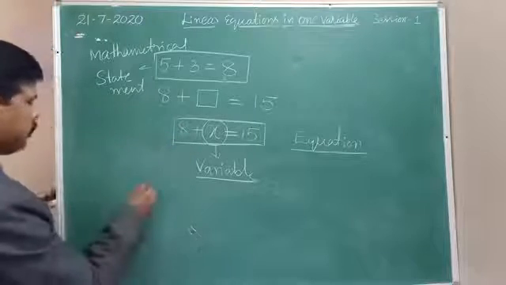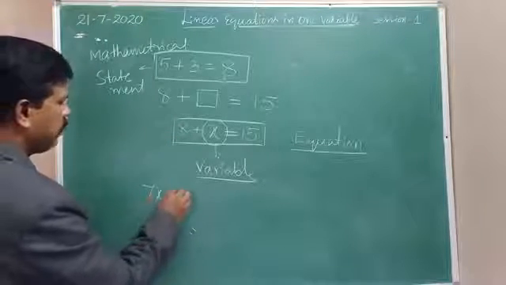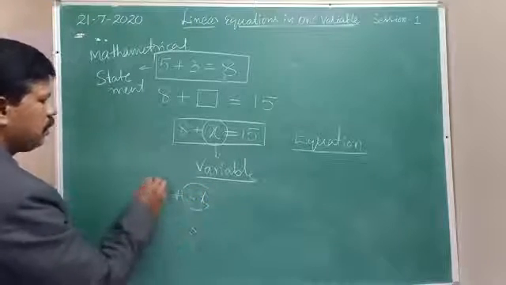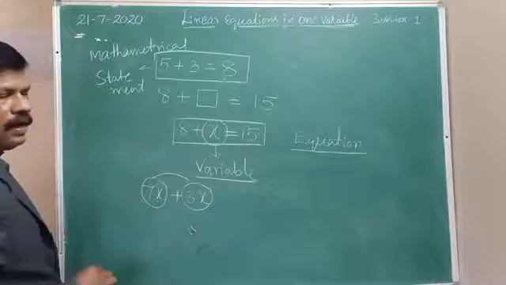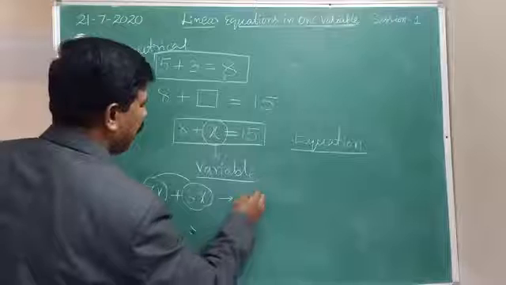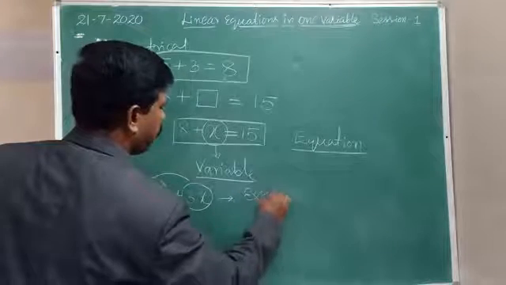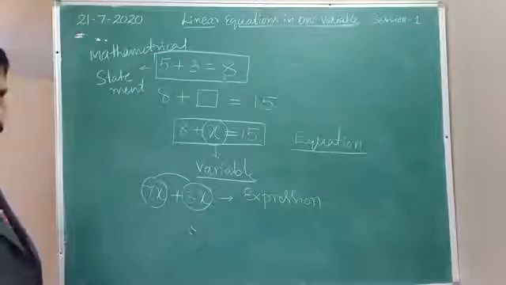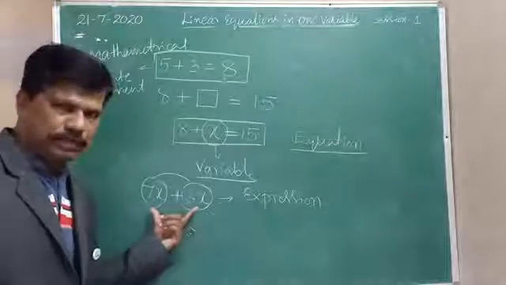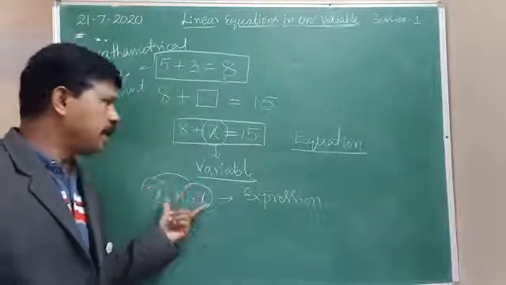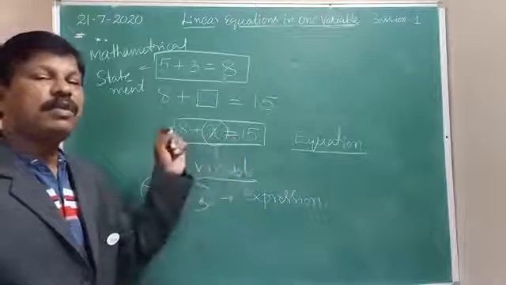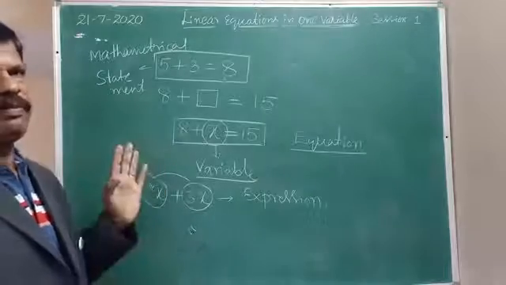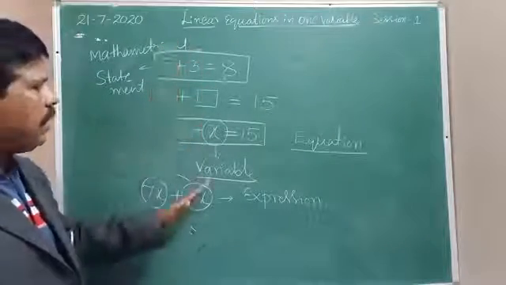If the algebraic terms 7x plus 3x, here is an algebraic term, here is an algebraic term, these two terms are connected by a plus sign, then this is called an expression. So if an algebraic expression has an equal sign, then it is called an equation.